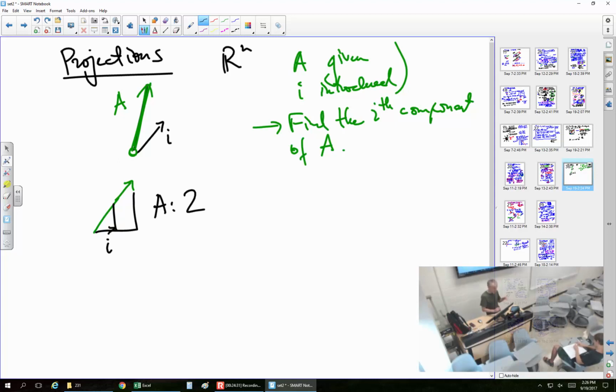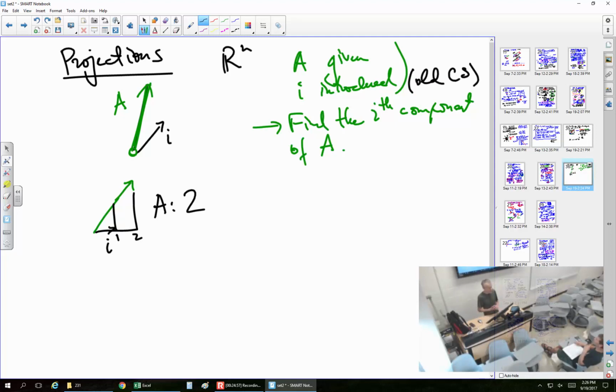This is 1, this is 2, the component with respect to I is 2, the horizontal 2 I's appear here. However, in general, maybe the I is expressed in terms of the old Cartesian system.